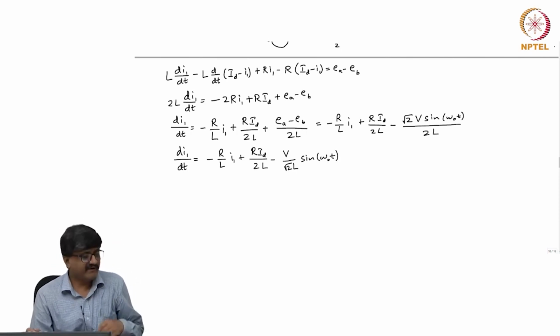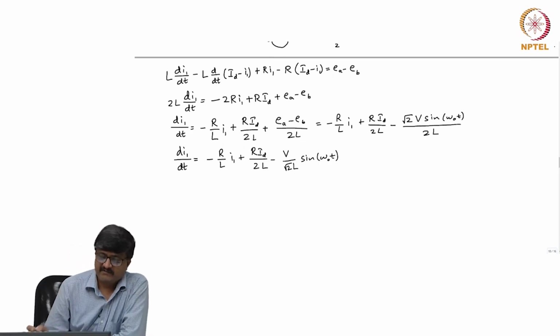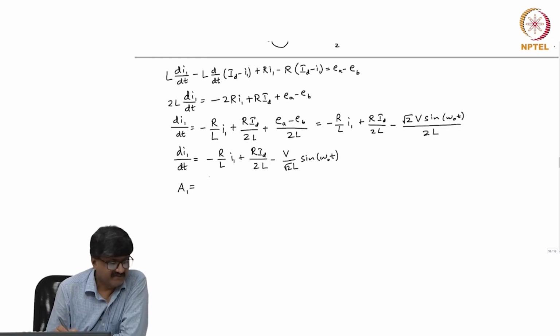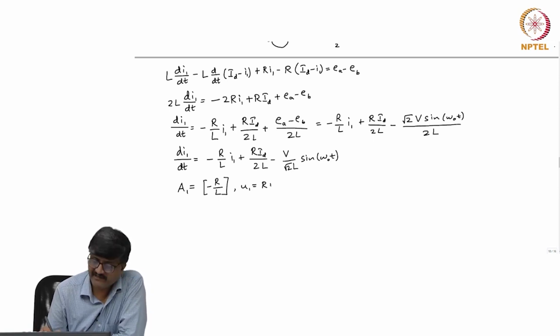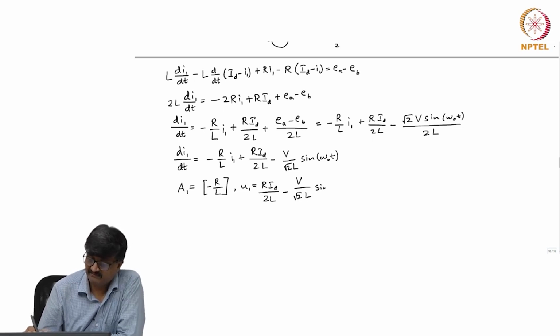Now, from this I can say what is A1 and what is U1. A1 is nothing but the coefficient of I1 on the right hand side, which is minus R by L, and U1 is nothing but the remaining terms on the right hand side. So, that is R Id by 2L minus V by root 2 L sin omega o t.